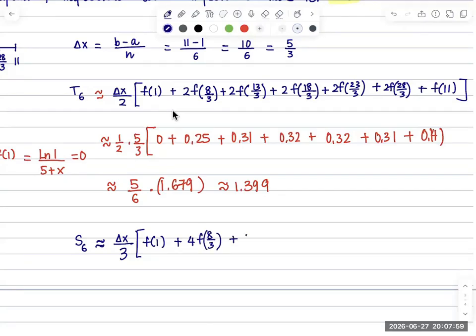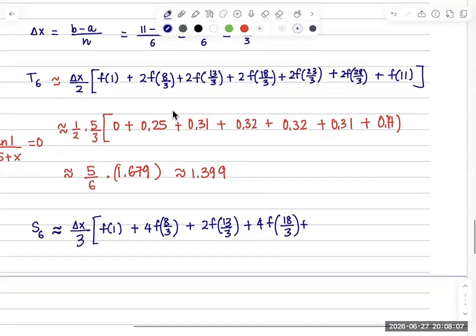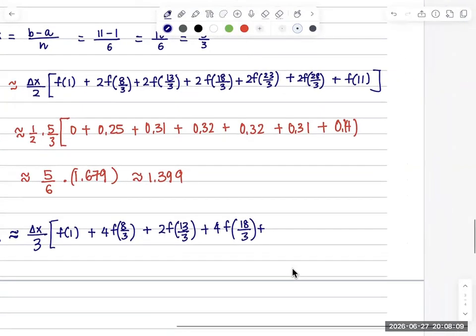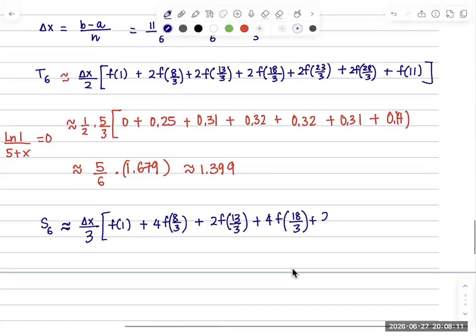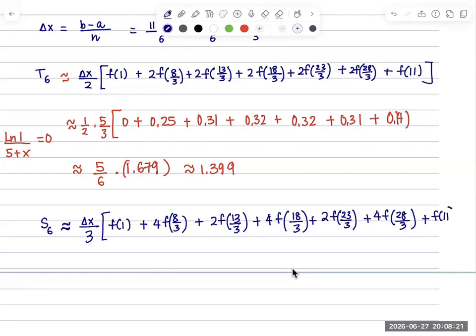And then 2 times f of 13/3 plus 4 times f of 18/3, and so on. We just keep alternating the 4 and the 2. So the next one will be 2, and then 4, and then the last one still has no coefficient. Okay, so the first and the last one have no coefficient.